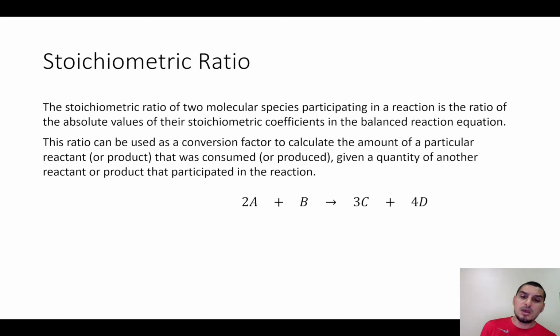For example, we have here 2A plus B goes to 3C and 4D. Whatever A, B, C, and D are, we have four species in this reaction.